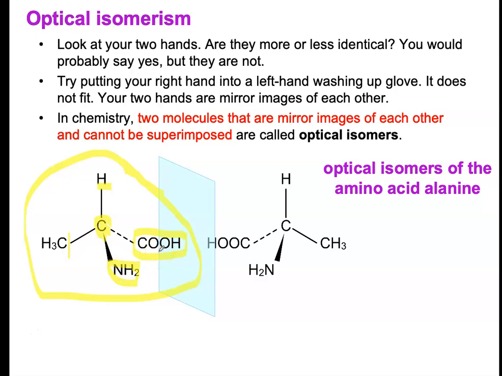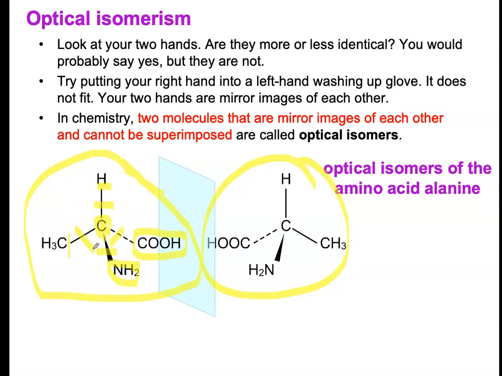It has a mirror image on the opposite side there, and they're non-superimposable. So the main thing you need to understand here is simply that the carbon has to have 4 different groups attached to it in order for it to be optically active. Carbon can only form 4 bonds anyway, because it's in group 4.